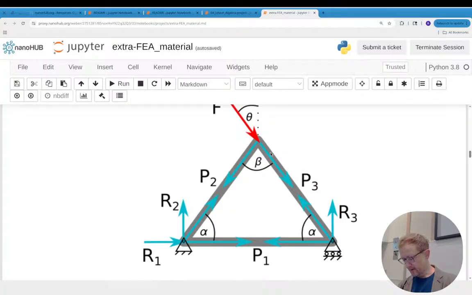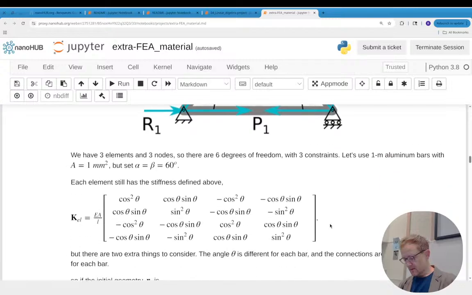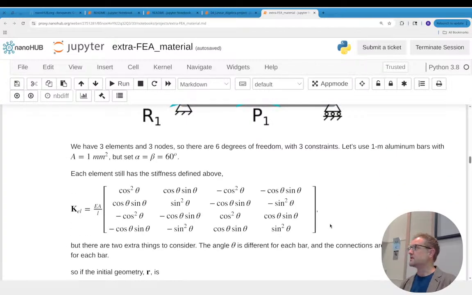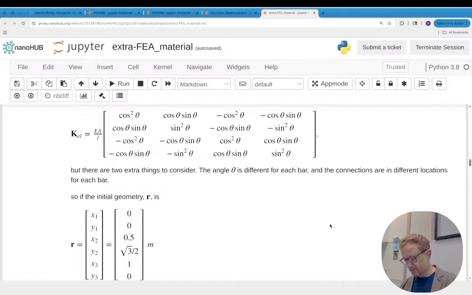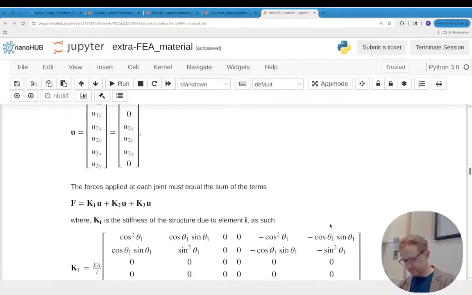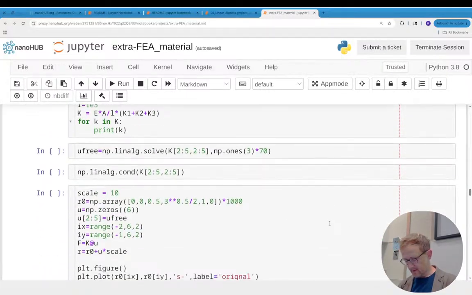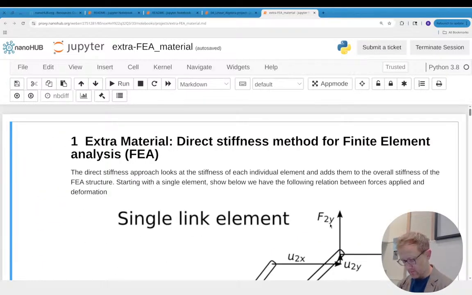So for that initial triangle truss, all we did in the homework was solve for reaction forces. But with the finite element, you're getting forces and displacement. So the full, everything you can know about the problem, at least in terms of solid mechanics. And then coming down, well, let's just run through.